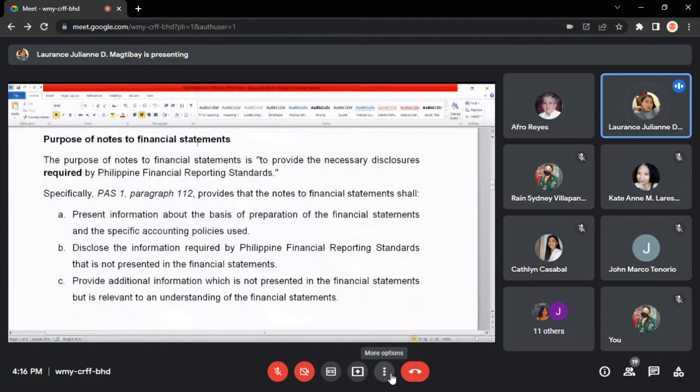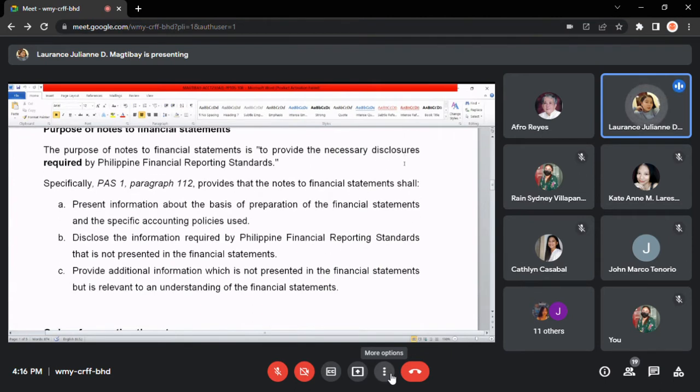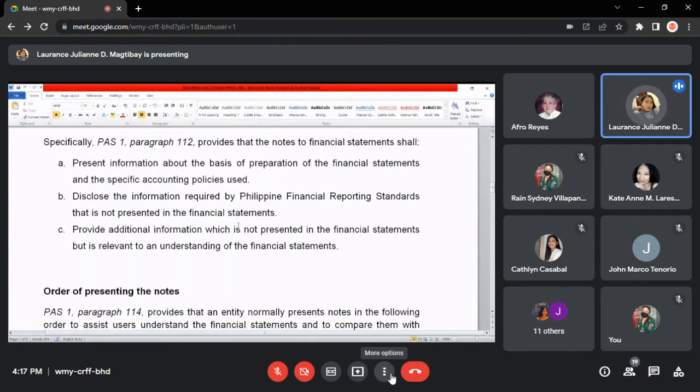The purpose of notes to financial statements is to provide the necessary disclosures required by PFRS, or Philippine Financial Reporting Standards. Specifically, PAS 1 paragraph 112 provides that the notes to financial statements shall: A, present information about the basis of preparation of the financial statements and the specific accounting policies used.